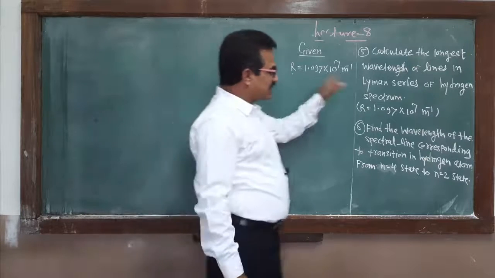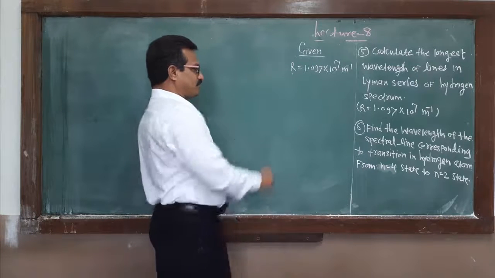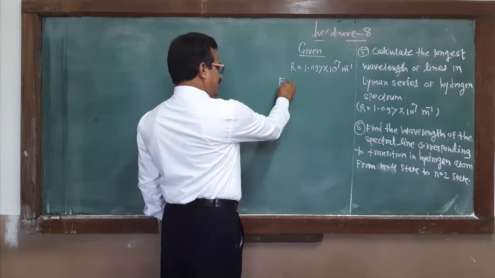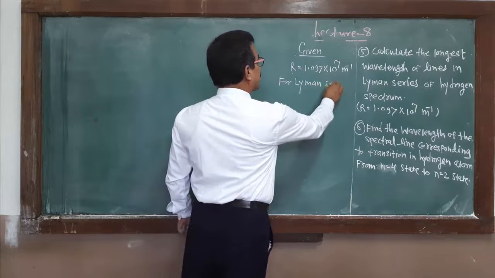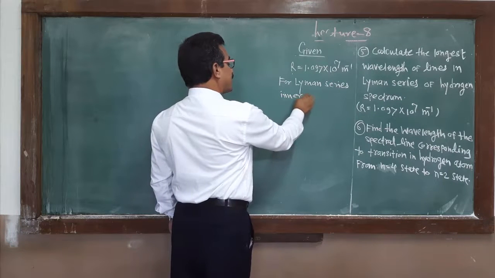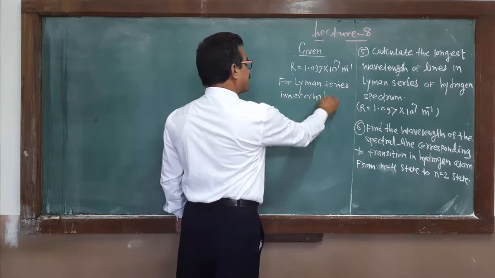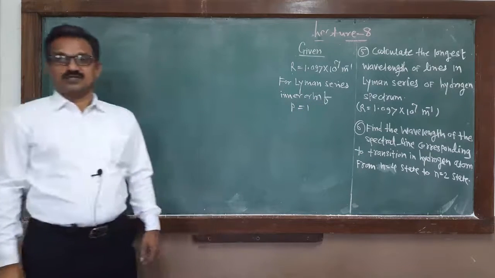Here we need the longest wavelength of a line in the Lyman series of the hydrogen spectrum. From the Lyman series point of view, the inner orbit p is equal to 1.